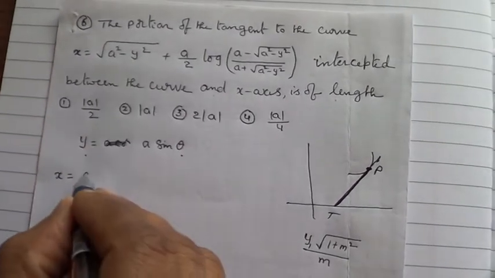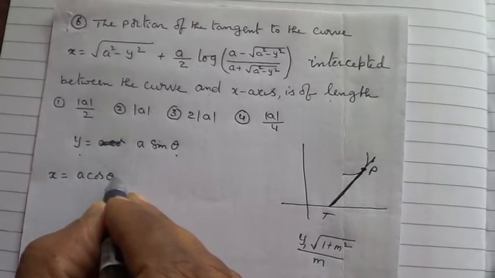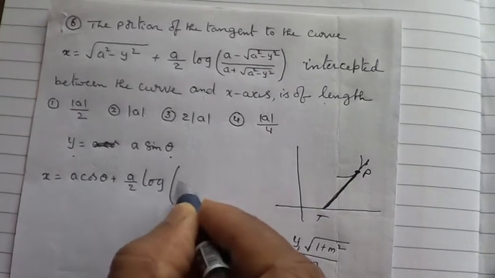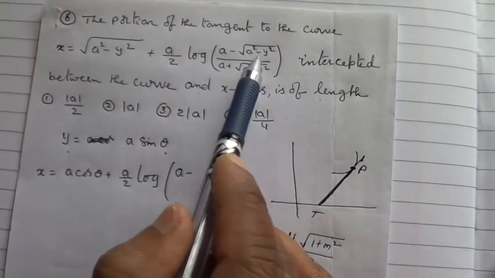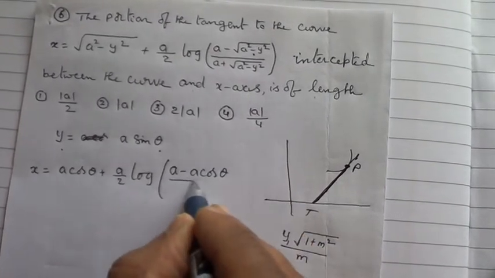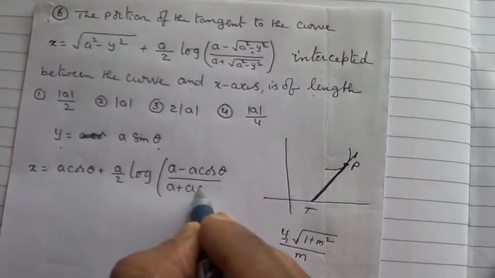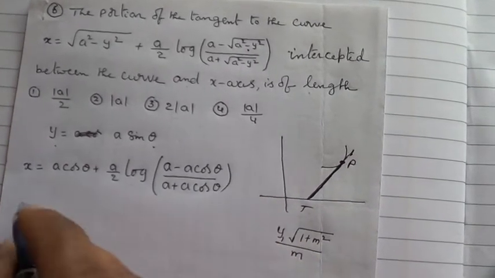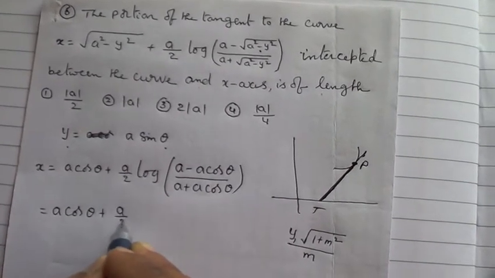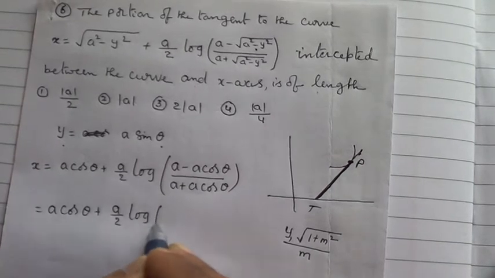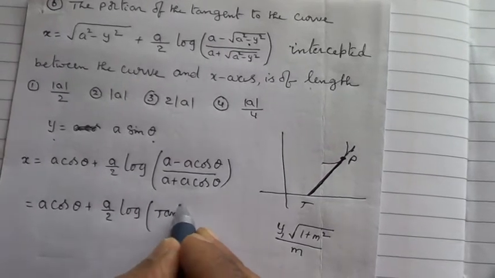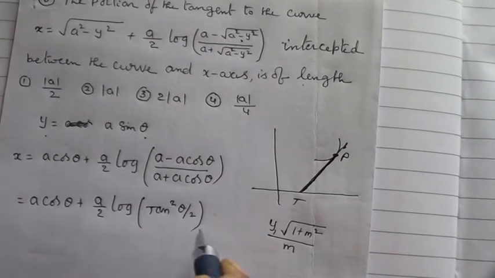Then what happens? a cos theta plus a by 2 into logarithm of a minus a cos theta, denominator a plus a cos theta. Now this is equal to a cos theta plus a by 2 into logarithm of 1 minus cos theta by 1 plus cos theta, which is nothing but tan square theta by 2.